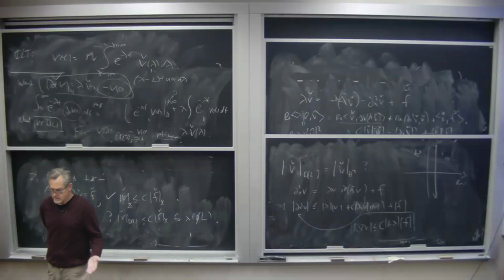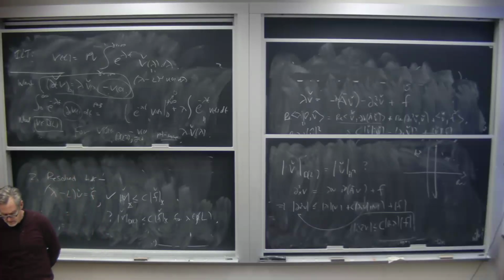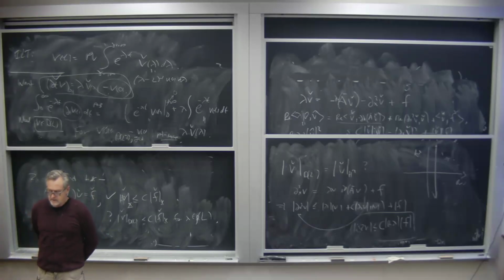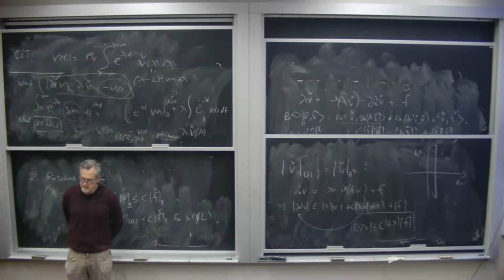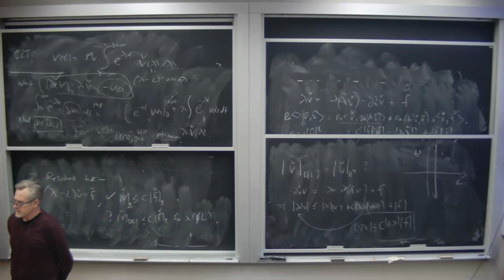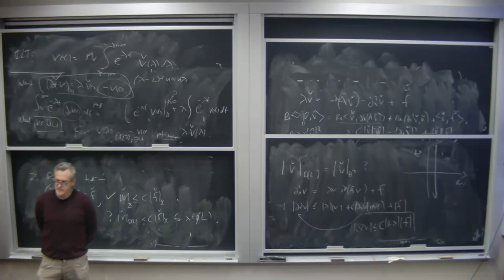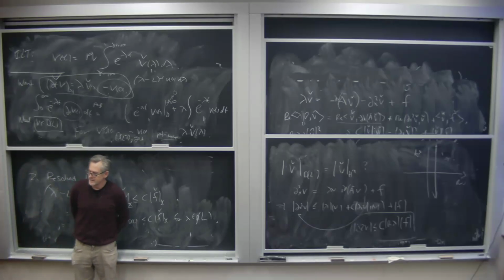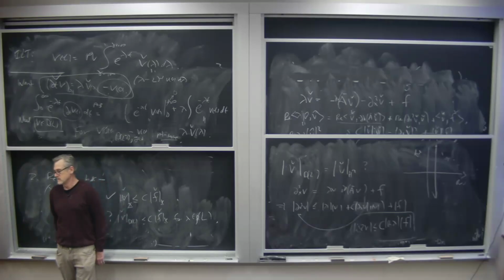So actually, we just finished that part, except I say this is what we need, but I haven't shown that because we lost a lot of derivatives here. I have to show that we can get them back. But it turns out energy estimates are good for that too.